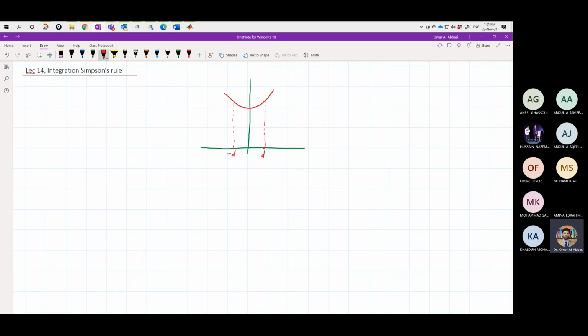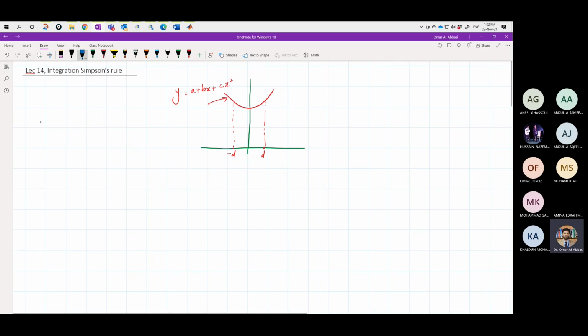Let me say that the function is given as a plus bx plus cx squared, okay? That is the curve.